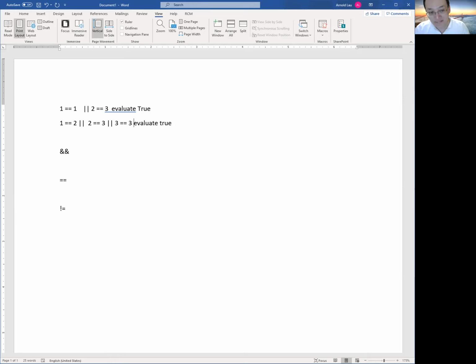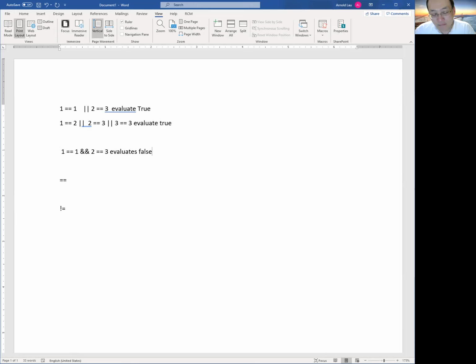Now, for the and, this means both sides have to evaluate to true. So something like 1 equals 1 and 2 equals 2 evaluates to true. If this goes to 3, let's say, then this is going to evaluate to false.